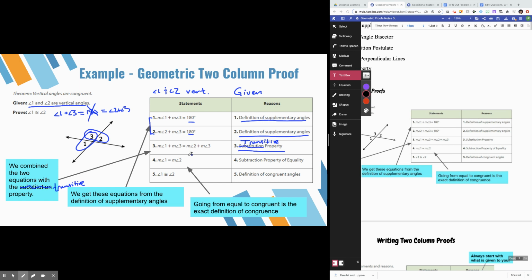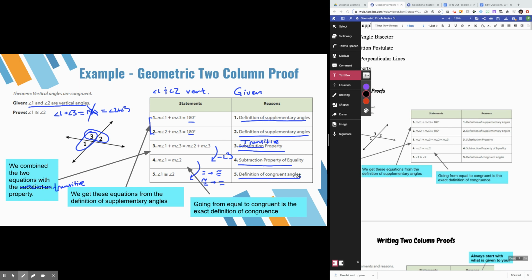Okay, so then again, we're asking ourselves, once I get to an equation, okay, what did they do to go from here to here, right? What's different? And it looks like they subtracted angle 3, right? So we arrived at step 4 by doing the subtraction property, okay? And then the very last one, going from step 4 to step 5, whenever you go from equal to congruent, or from congruent to equal, 99% of the time, the reason for that is definition of congruence.